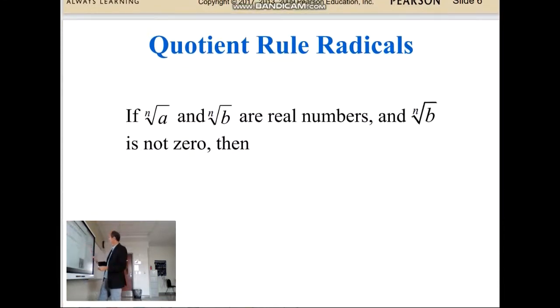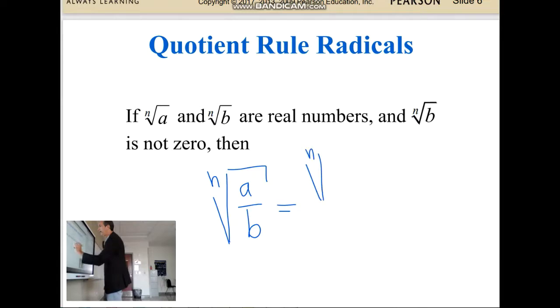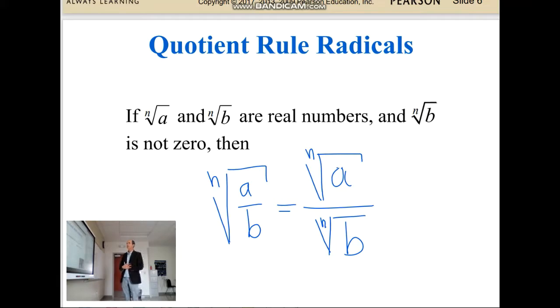The quotient rule states that if the nth root of A and the nth root of B are real numbers, and the nth root of B is different from 0, then the nth root of A over B equals the nth root of A over the nth root of B. And this is the quotient rule for radicals.